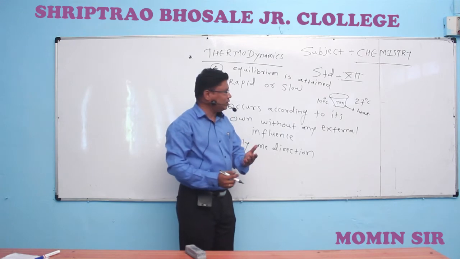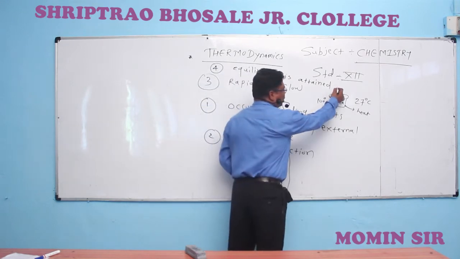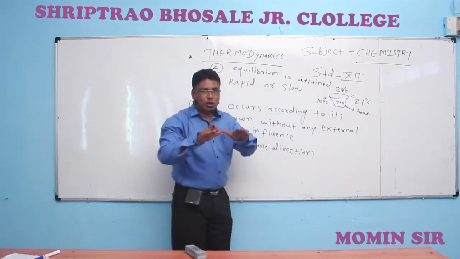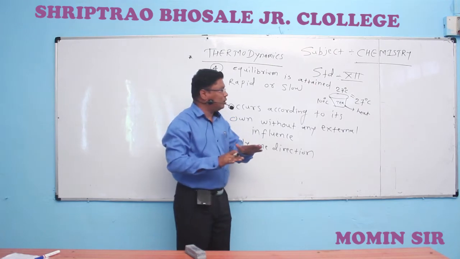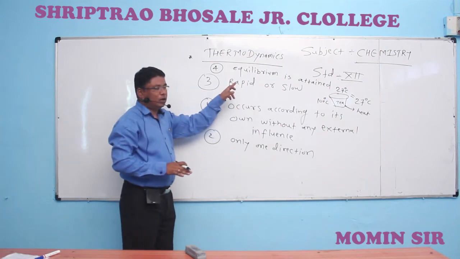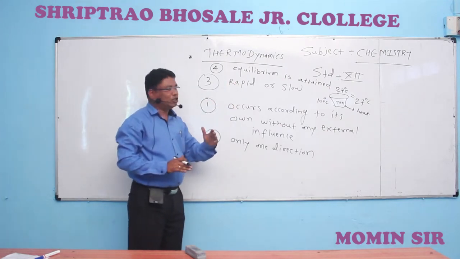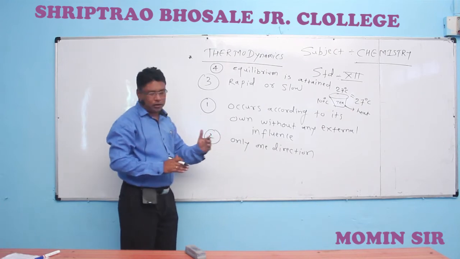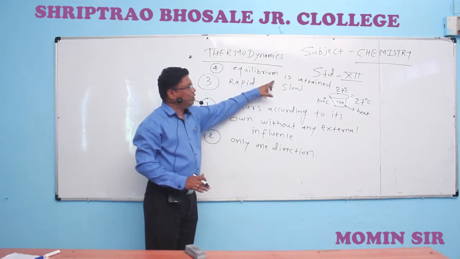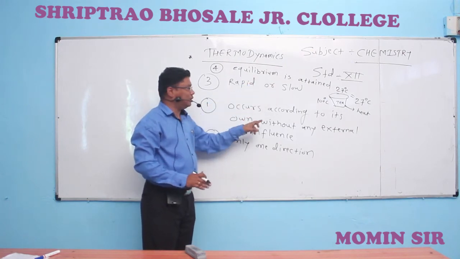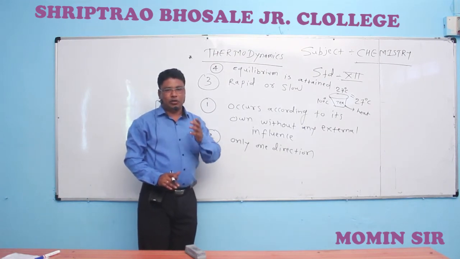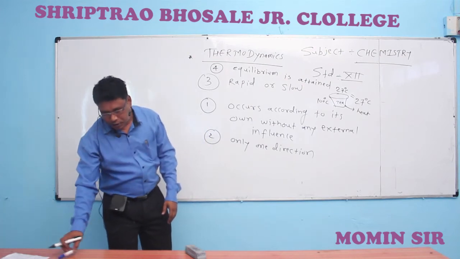Up to what extent? When the temperature of this tea becomes 27 degrees Celsius, means room temperature and temperature of the hot tea become equal. That means the fourth important point about spontaneous or irreversible process is that this process continues till equilibrium is attained. That is another important key point about irreversible process or spontaneous process.